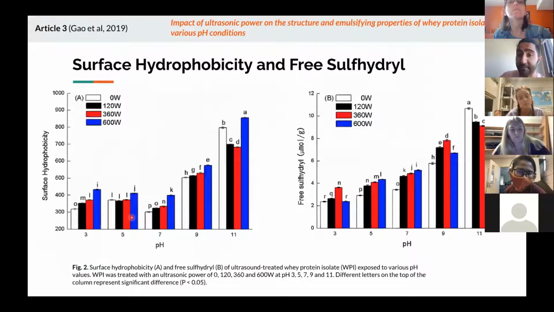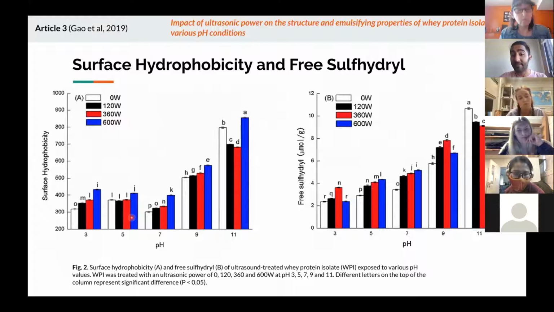For the surface hydrophobicity in the left chart, compared with untreated whey protein isolate, the surface hydrophobicity of ultrasound-treated whey protein isolate was higher and increased significantly with increasing ultrasound power. In the right chart, the free sulfhydryl in pH 5 and pH 7 whey protein isolate increased as the ultrasonic power increased from 0 to 600.